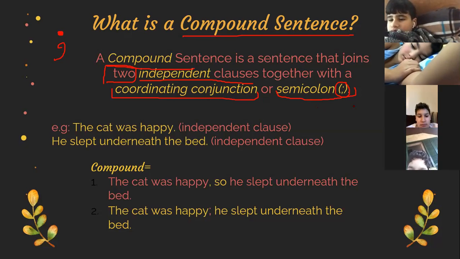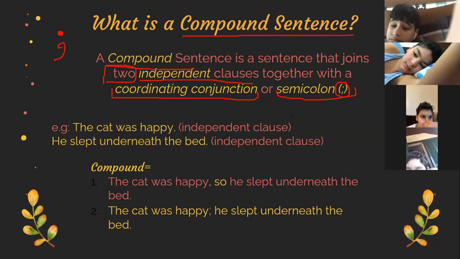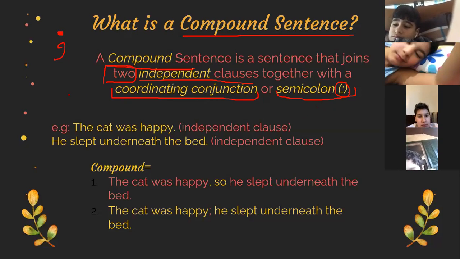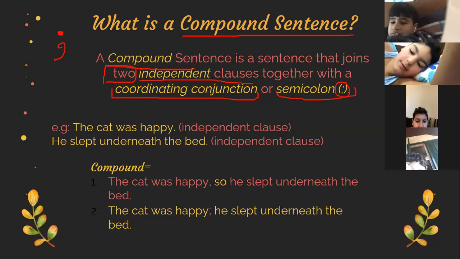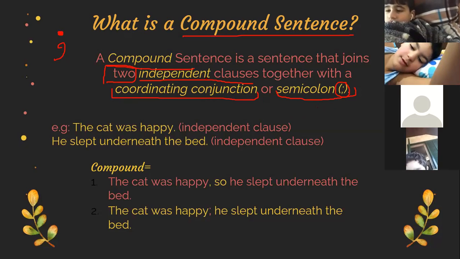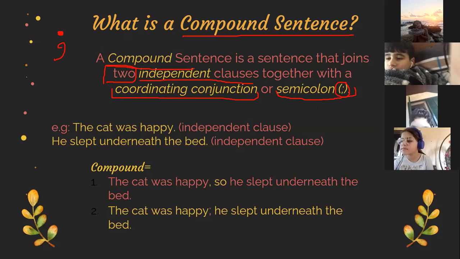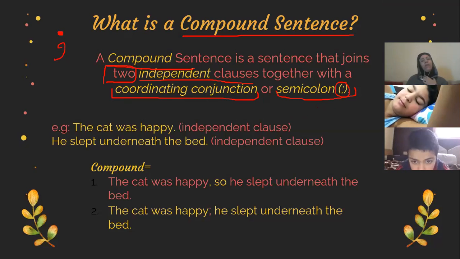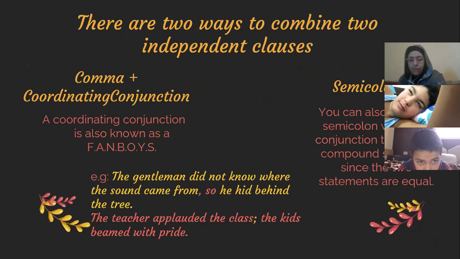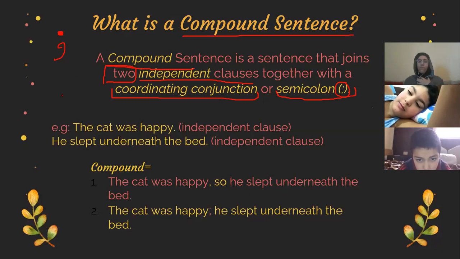Let me ask someone else. Hassan Araouni, are you sleepy? Yes, sir. Okay, Hassan. We said here two independent clauses, right? So when I say two independent clauses, how many subjects do you think I will find in this sentence? Two subjects, excellent. Why? Because every independent clause has a subject. When I have two independent clauses, then I will have two subjects.